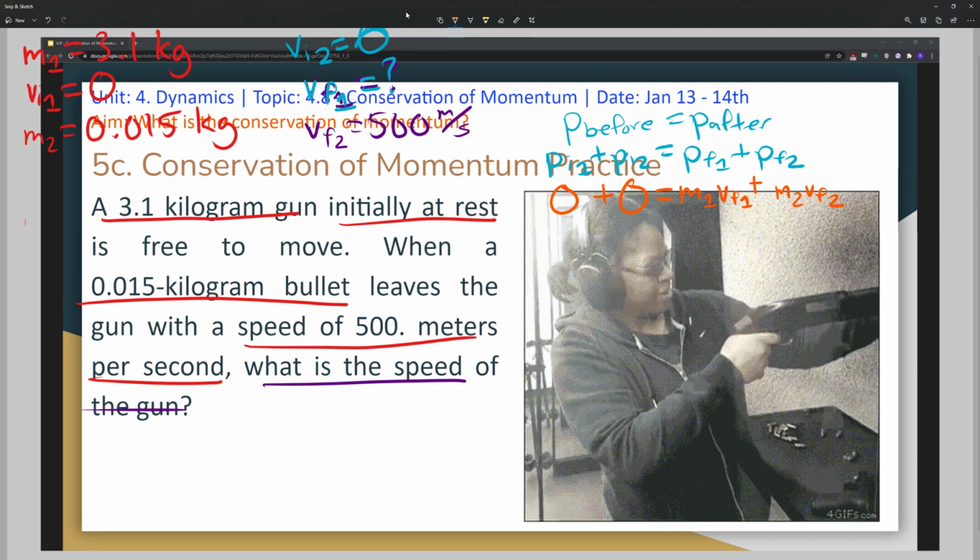And then what we can do here is subtract this on both sides.